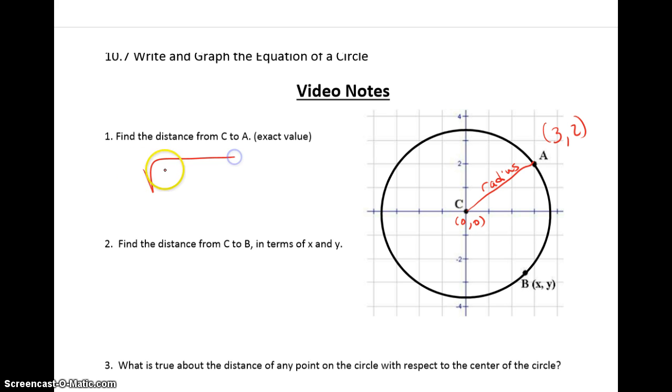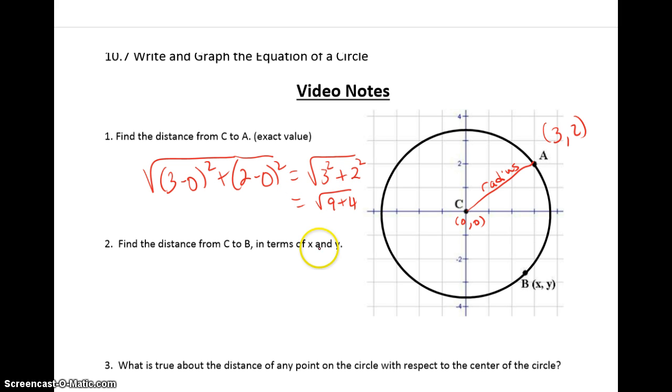And so we would have 3 minus 0 squared plus 2 minus 0 squared. Let's calculate both of those. 3 minus 0 is 3 squared plus 2 minus 0 is 2 squared. And we get the square root of 9 plus 4, and that would be the square root of 13. So according to our calculations, the radius of this circle is square root of 13.